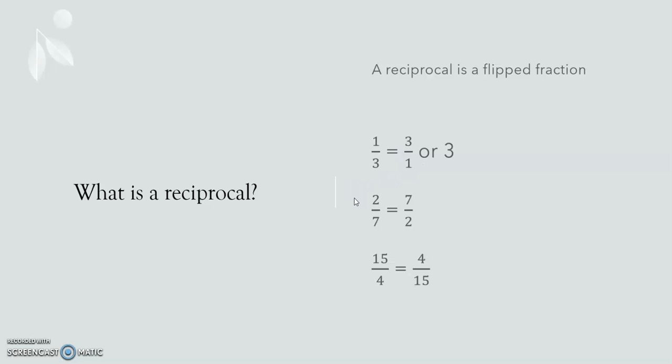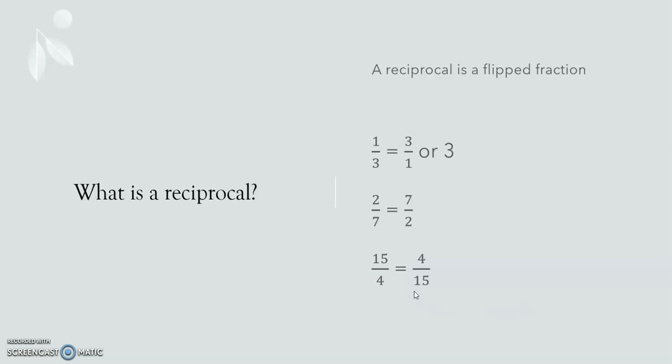Here we have another example of 2 over 7, and if you flip that, it's just 7 over 2. If you have something with a whole number in it, let's say you have 3 and 3/4, you would need to change that to fraction form, which would give us 15 over 4, and then you can find the reciprocal of that. So the reciprocal of 15 over 4, if you flip it, is just 4 over 15.